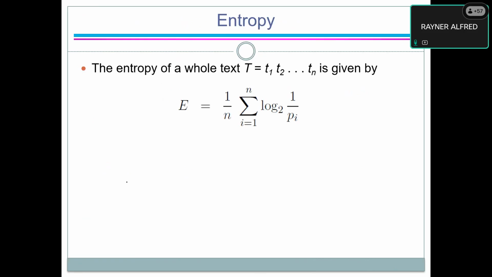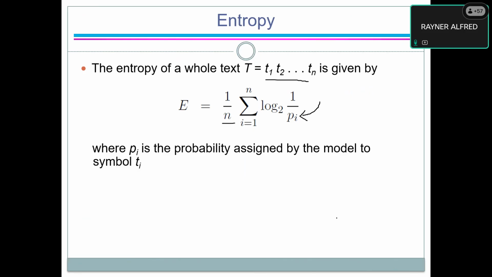For example, we have a whole text, and we have symbols. The entropy can be defined as the average calculation of the weight given the probability of each of the terms that we have in the text.